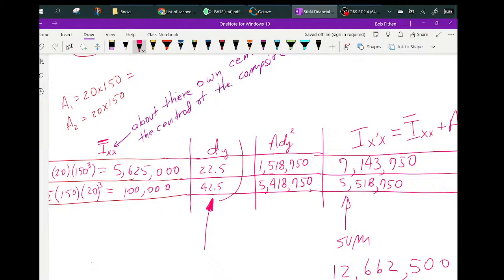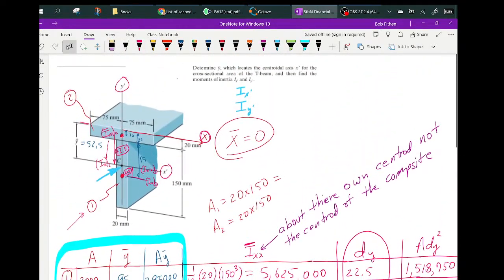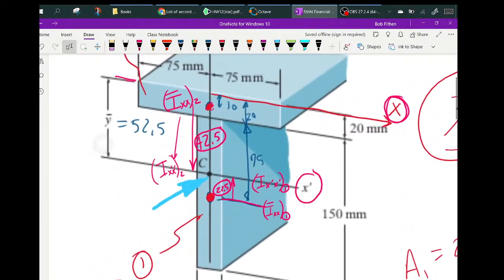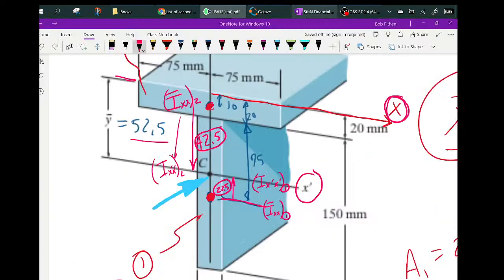So let's take a look at these one more time. Now, we're going to stare at them for a second. If, in fact, this is 52.5, which it states that it is, and this is 20, and there's 10 here, so that means I add this distance right here to that distance right there, and I've got to get 52.5.